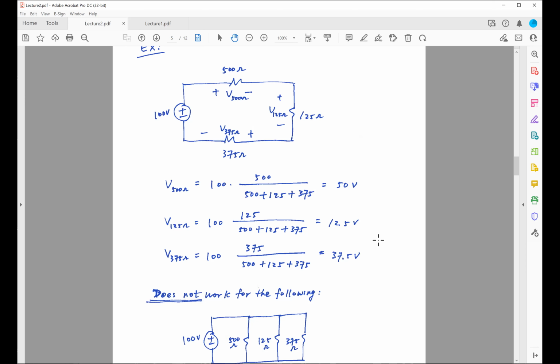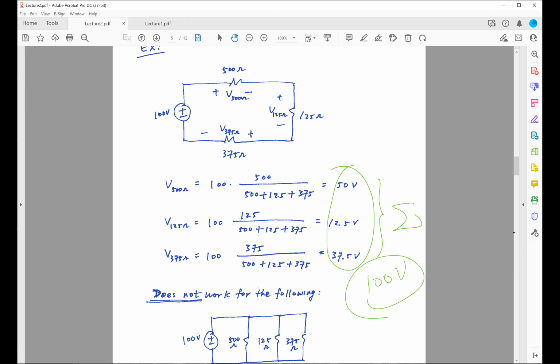Now, if you look at the voltage drop across 500 ohm, 125, and 375 ohm, and you sum all these voltages up, you take these numbers, you sum them up, do the math, you're going to get 100 volts.